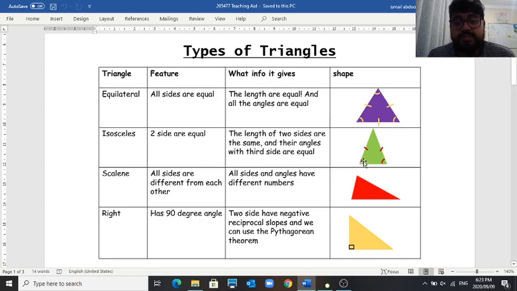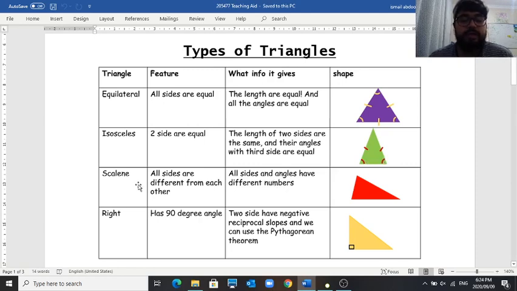These base angles lie at the base side. If you imagine the triangle on the floor coming up, the base angles are on the floor coming up towards the apex. So those two angles are equal.